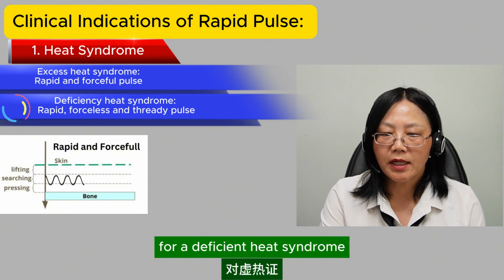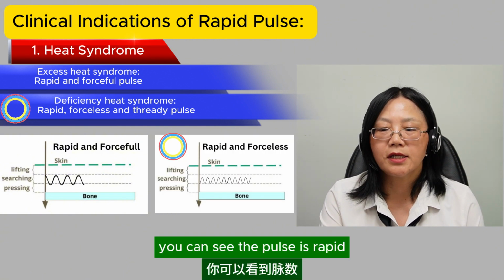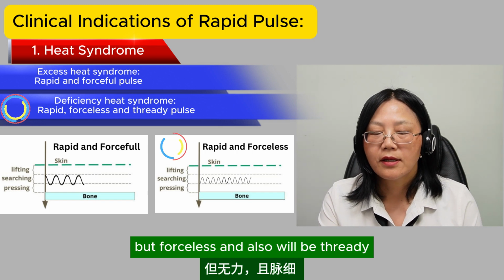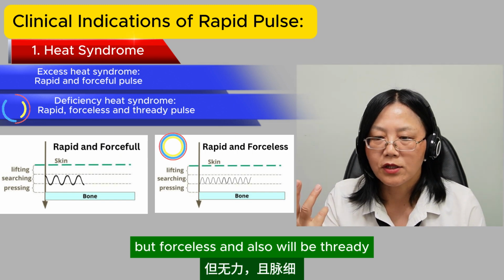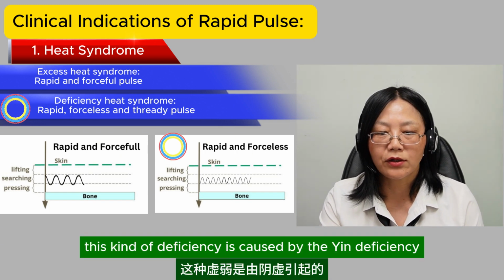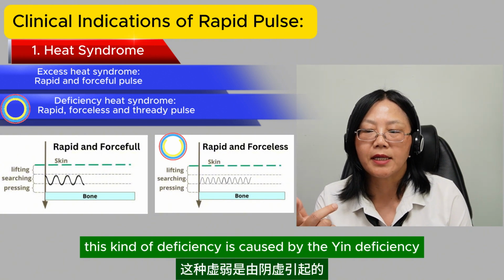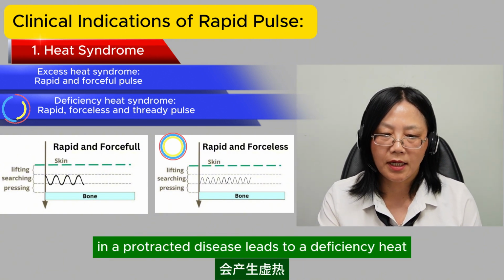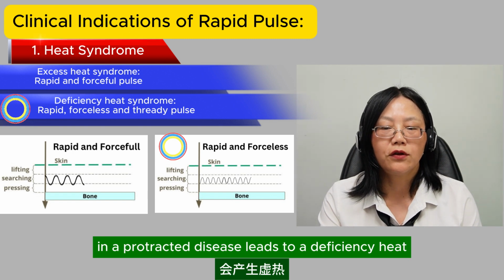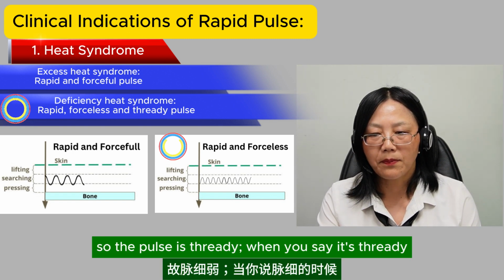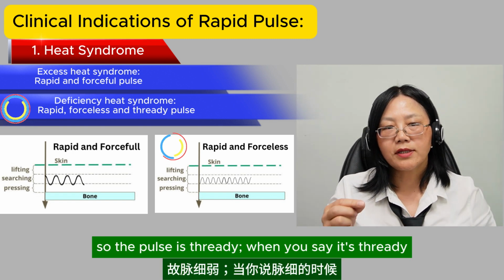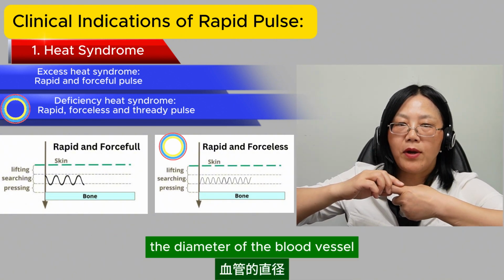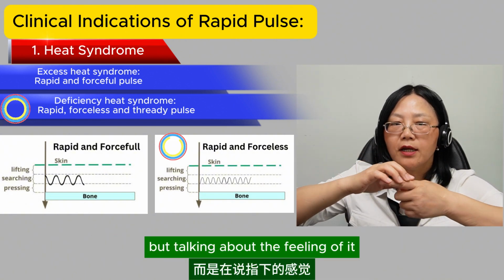For a deficient heat syndrome, you can see the pulse is rapid but forceless, and also steady, because this kind of deficiency is caused by yin deficiency. Yin deficiency in a protracted disease leads to a deficiency heat. So the pulse is steady. When you say steady, it's not talking about the diameter of the blood vessel, but the feeling of it.